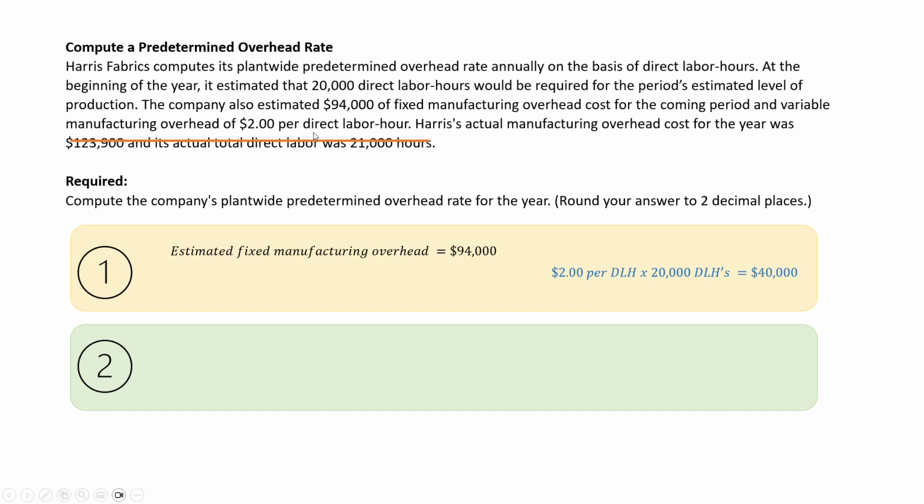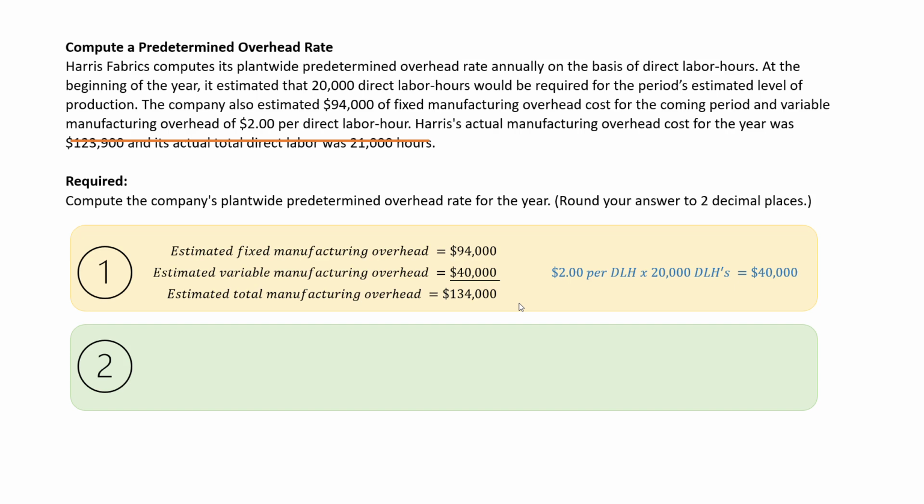We're going to take that $2 per direct labor hour that we estimated for variable overhead, multiply it times 20,000 estimated direct labor hours, and so our belief at the start of the year is we're going to have approximately 40,000 in estimated variable overhead. Now I'm simply going to add together the 40,000 in estimated variable overhead to the 94,000 in fixed overhead, and that gives us total estimated overhead of 134,000.